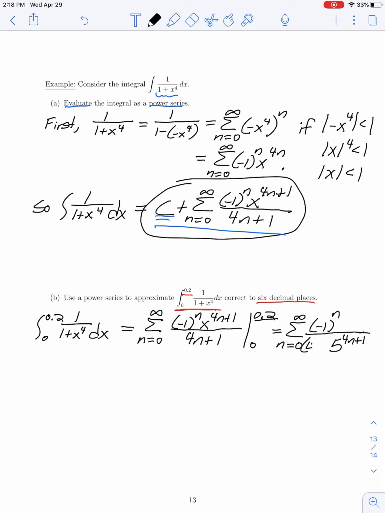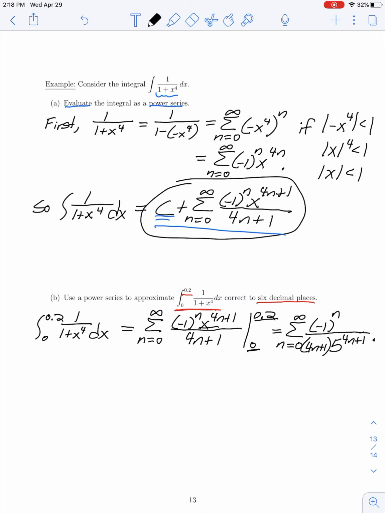And then I still had my 4n+1 from the denominator. Then we would subtract what we get when we plug in 0 for x. But since this is a power series centered at 0, when you plug in 0 for x, the whole thing is 0. So we have the following series, which is an alternating series for the value of this definite integral.